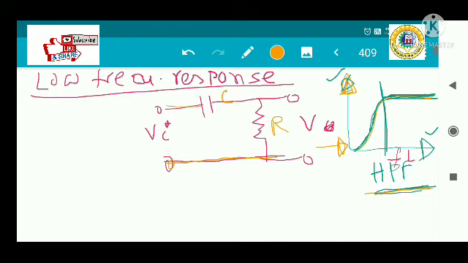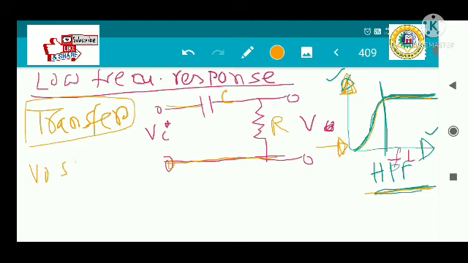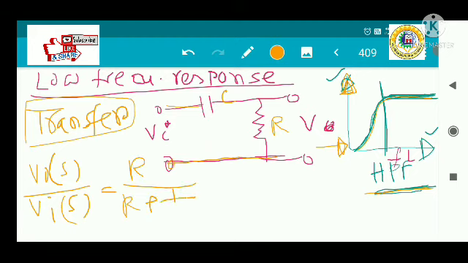If you know the transfer function concept, then all of you know that the transfer function of this circuit is V0(S) divided by VI(S). This is nothing but R divided by R plus 1 by SC.